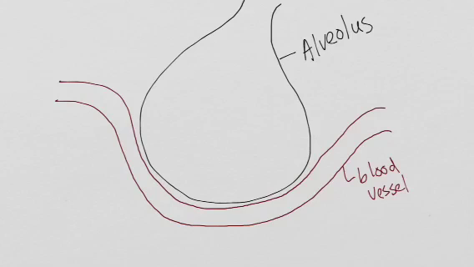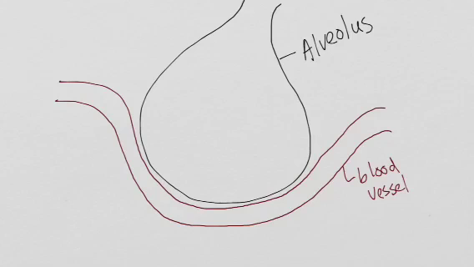What is that called? Diffusion. These gases, so concentrations of carbon dioxide and oxygen, will diffuse. It's kind of like they swap places. And they do this through passive transport. They use concentration gradients to get from point A to point B.